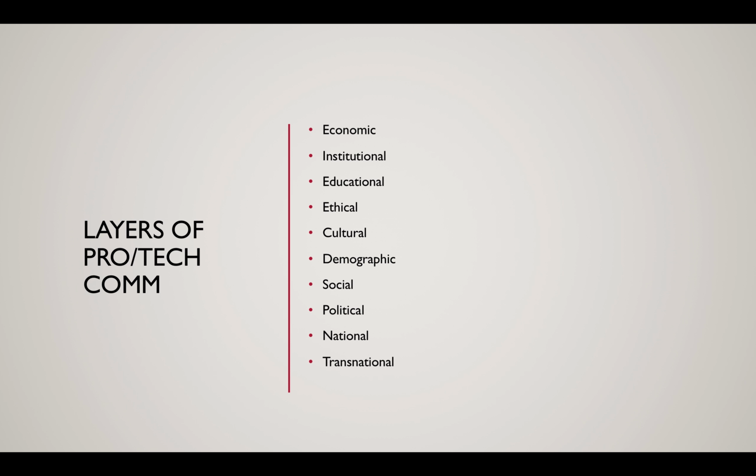There's an institutional context to professional and technical communication. At ASU, people working at Arizona State University have to understand what the institutional context of their communications are. So it could be within a department. It could be within the actual college.